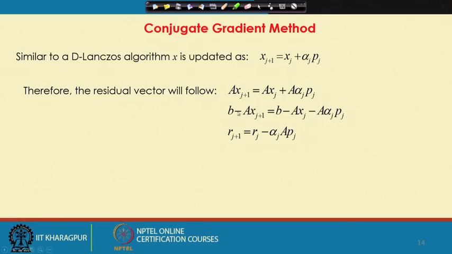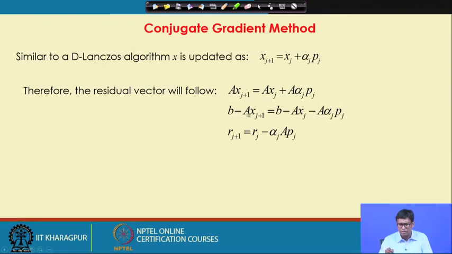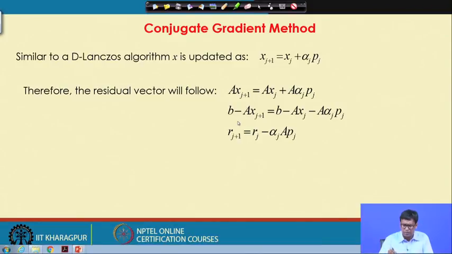Therefore, the residual vector will follow. If I multiply A on both sides, A x(j+1) is equal to A xj plus alpha A pj. Subtracting both sides from b, b minus A x(j+1), which is the residual r(j+1), is equal to b minus A xj, which is the residual rj, minus alpha j A pj. Now, we have the earlier first proposition that the rj's are orthogonal to each other.